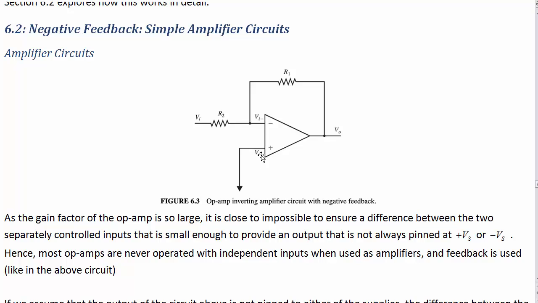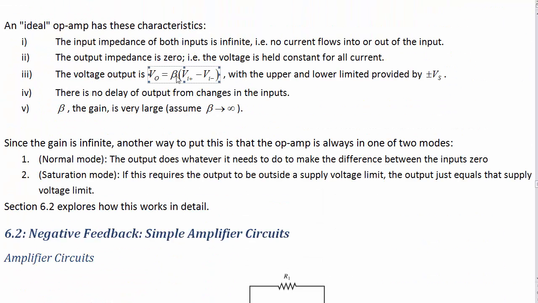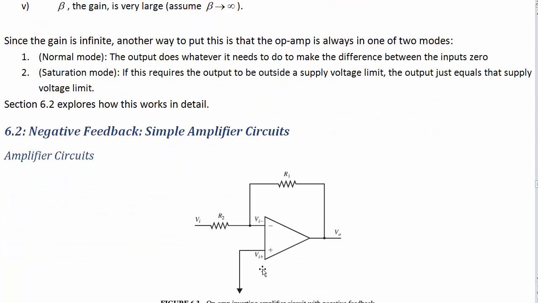The difference between the input voltages can't be anything. Suppose we do have some voltage here, which is higher than the voltage here, then the output would say, okay, we're going to produce beta times Vi+ minus Vi-. So the positive input minus the negative input.